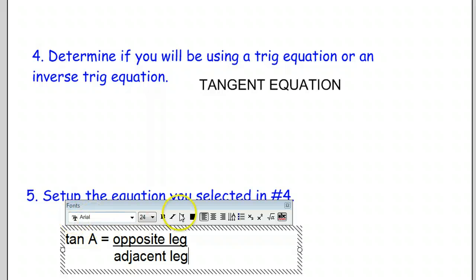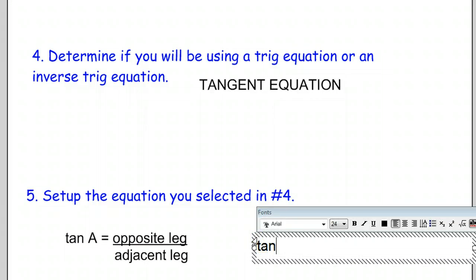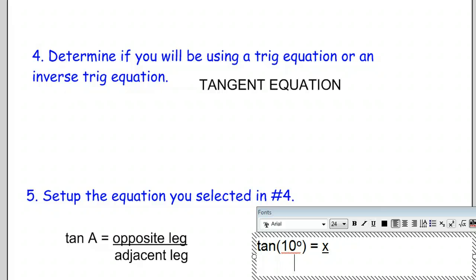Let's set that up, filling in the information that we know. The angle measures 10 degrees, so I substitute that in for the angle. The opposite leg is what we're trying to find, so I'm going to call that x. And I'm going to divide it by the adjacent leg, which we know is 185.